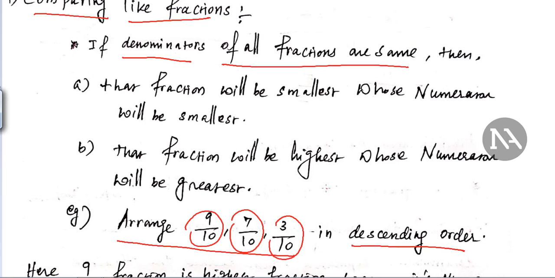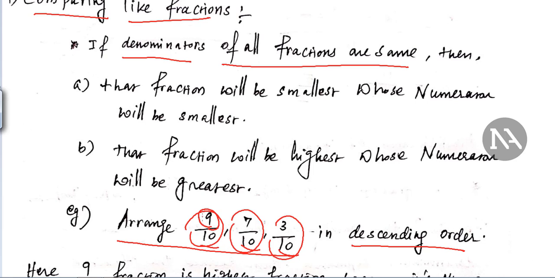Descending order means the greatest number has to come first, the smallest number last. Like fraction means the denominators are the same.